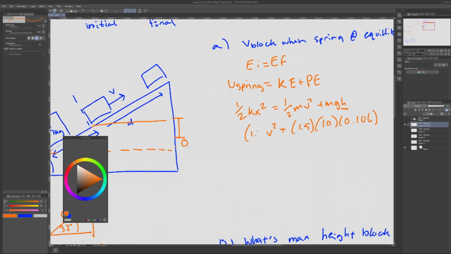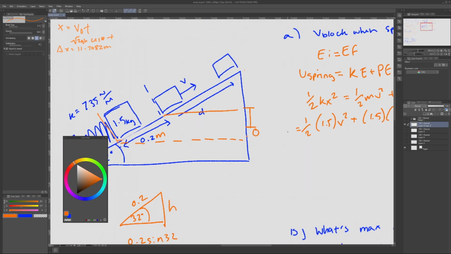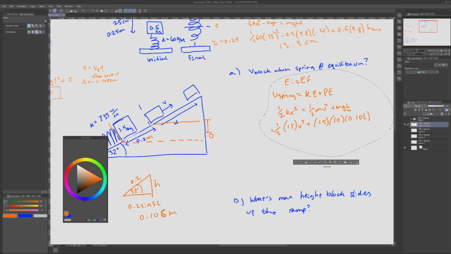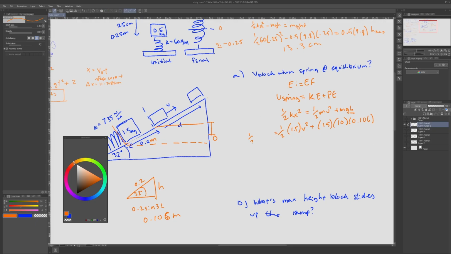The mass is 1.5. 1/2 k times 0.2 squared, so one half of 735 and 0.2 squared.